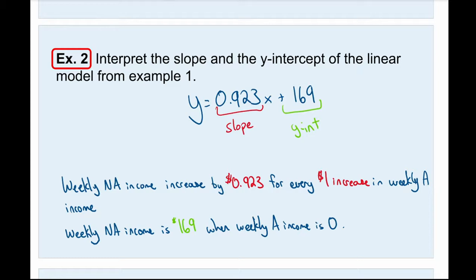So even though they're increasing at a similar pace over the years, or just increasing as the other increases, so they're staying on par, the non-aboriginal income is starting off at an advantage, right? It's at an increased amount of 169. So yes, they're increasing by the same amount or at the same rate roughly, but one is starting off way ahead of the other. So it's not quite the same, right? You could argue there's equality in terms of the increase, but there's not equity because one is starting off higher than the other. So the two values do give us some insight into our data.